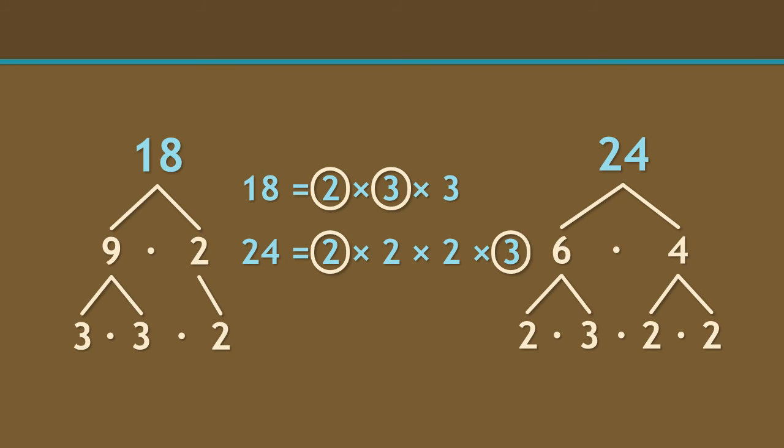So we're going to take our two common prime factors, 2 and 3, and multiply them by each other. We will get a product of 6, and 6 is our greatest common factor of 18 and 24.